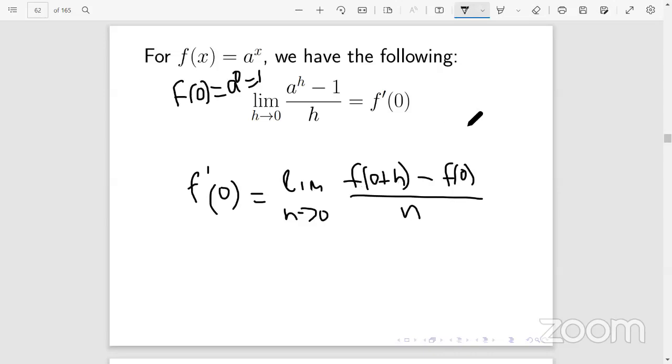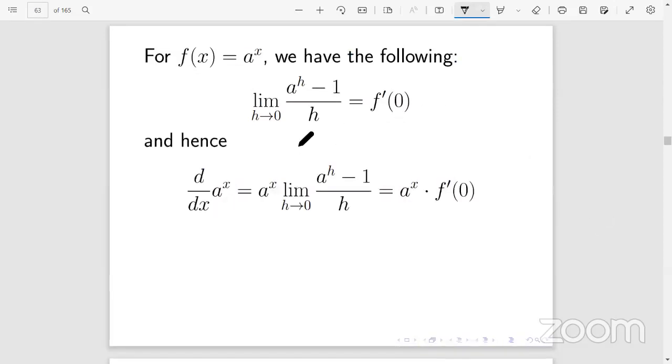Remember that we are given that f of x is a to the power x, so f of h is a to the power h. Hence we have this a to the power h here. Then f of 0 is a to the power 0, which is 1. So this is where the 1 comes from, and that's why this gives us f prime at 0.